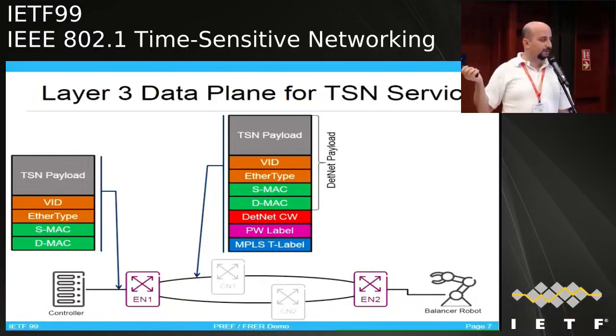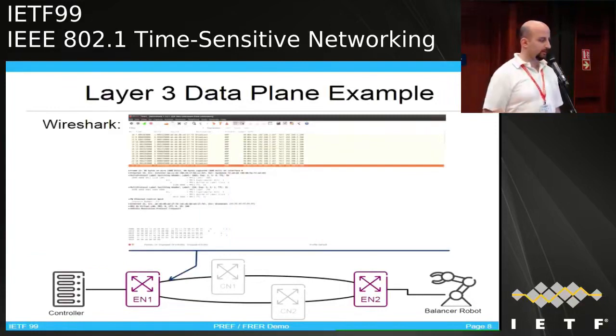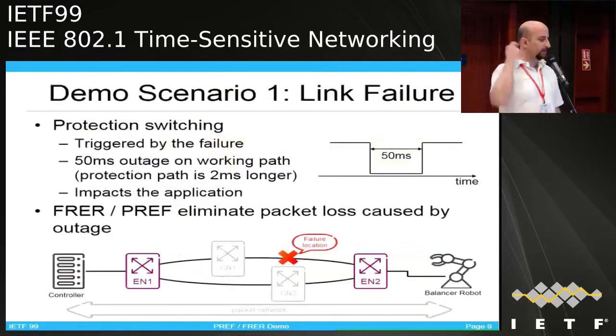So we will have a DetNet control word, which includes the sequence number, and all the rest becomes payload with respect to DetNet. This is just a Wireshark capture on the wire, and so let's see the demo part.